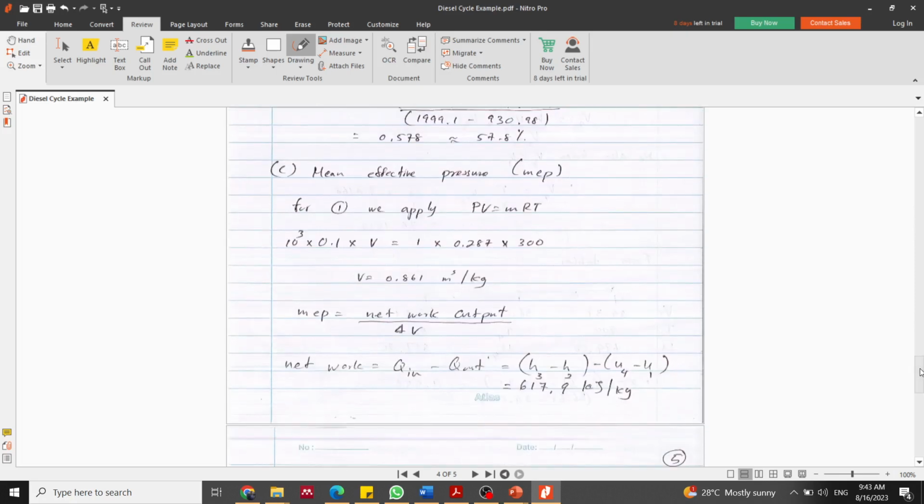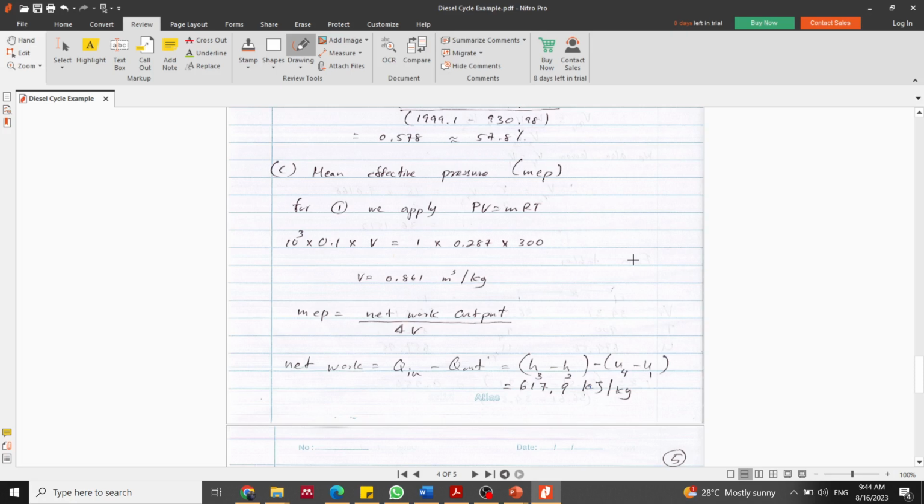Then the last part, mean effective pressure. Now what is the mean effective pressure? If you consider a constant pressure, basically what is asked is, what is the constant pressure that gives an equal amount of work output? So you know we have a piston which oscillates between top dead center and bottom dead center. There's a delta V, a change of volume, when the piston moves from top dead center to bottom dead center.